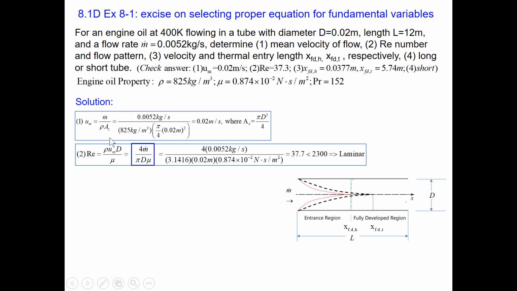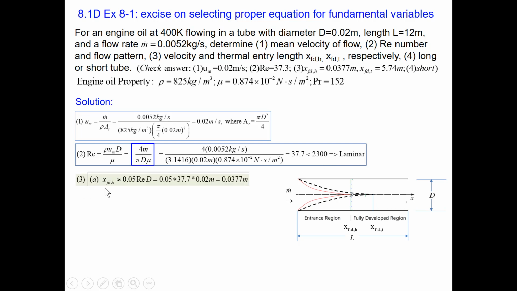If we plug U_m, the mean velocity, and the cross-section area A_c into the definition of the Reynolds number, we yield a new equation for the Reynolds number. Then plug in numbers: mass flow rate, pi, diameter, viscosity. We get a small value of Reynolds number compared with the critical one, and we decide it is a laminar flow.